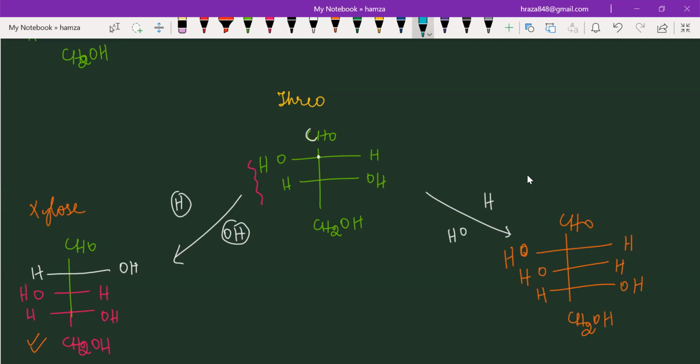Both are basically aldopentose. Aldo means containing the aldehyde part, and pentose means total 5. That's why it is pentose. Please let me know when you are done with this.